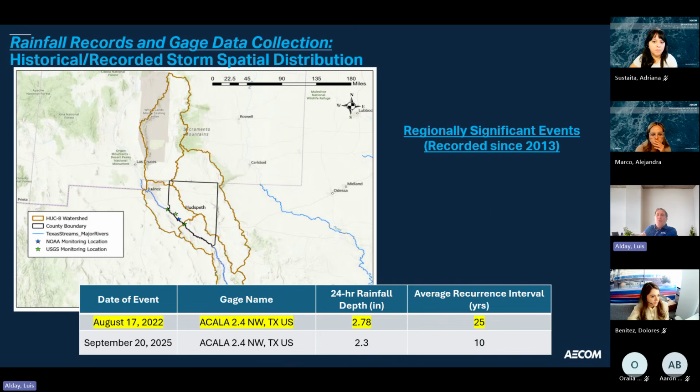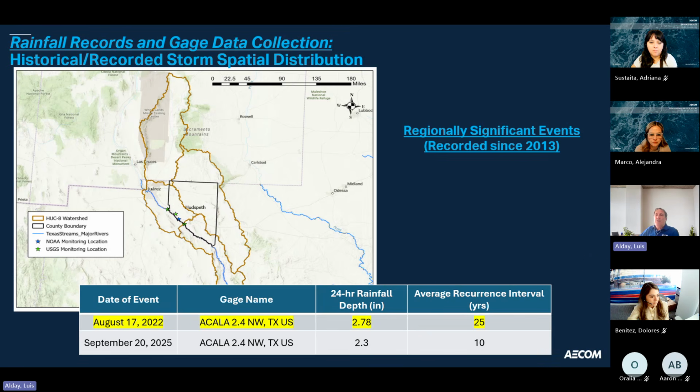Okay, so this is what we did. For determining if our modeling approach is okay, we studied recent rainfall events that have happened in the area. With me are Dolores Benitez, Alejandra Marco, and Adriana, who have been working on this effort. What they have done is they found that there are 3 precipitation gauges in the area that have been recording information since 2013.